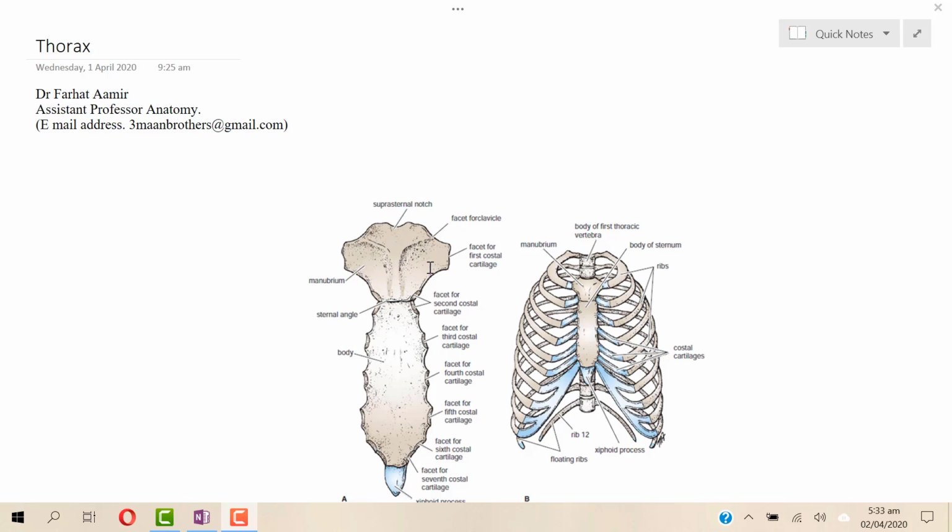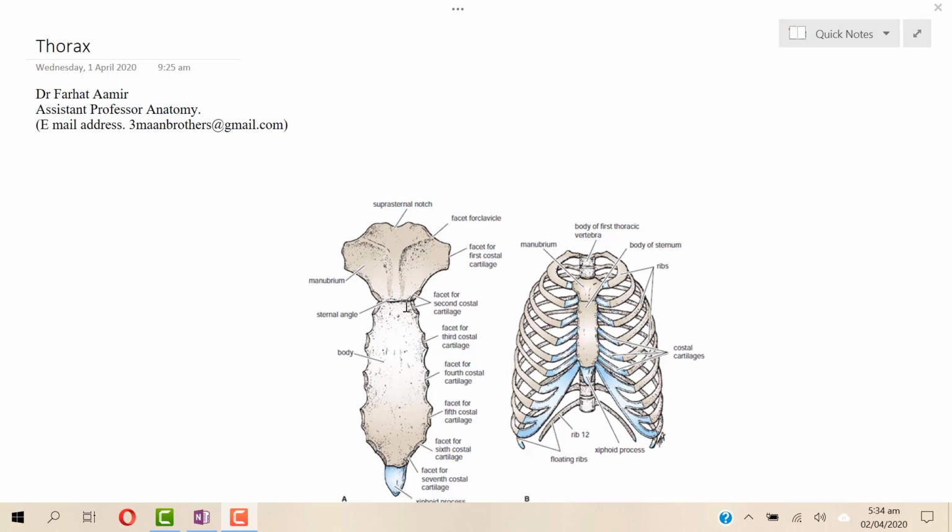You have to remember, manubrium lies opposite T3 and T4. Sternal angle lies opposite T4 and T5. If an exam asks which vertebra the sternal angle lies opposite, and the options are T3, T4, T5 and T6, then you have to mark T4.